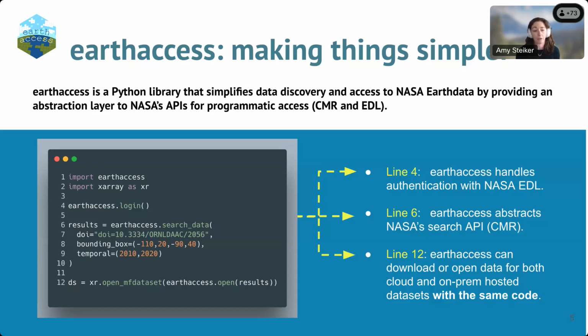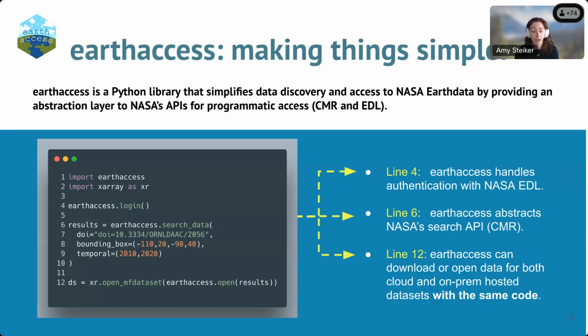Then the next results line allows you to search. In this case, this is an example searching directly by the DOI of a particular data set, again abstracting that CMR API into something more user-friendly. But I think it's that final line, line 12, that is really the most powerful. Also at the top, the fact that we're only importing two libraries in Python, earthaccess and Xarray.